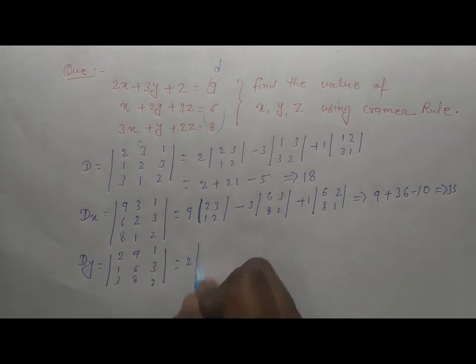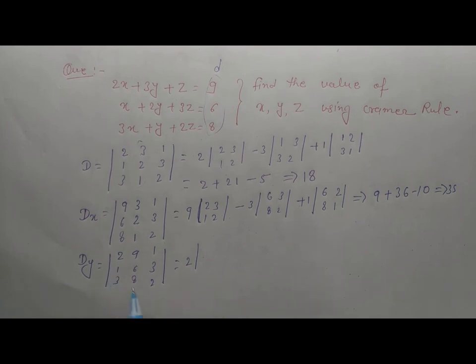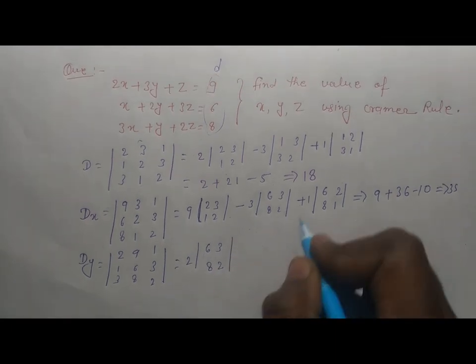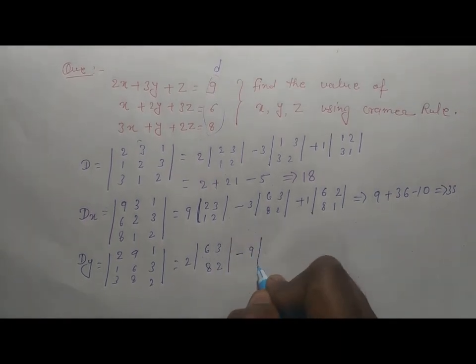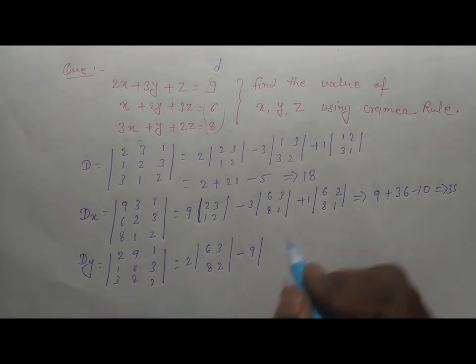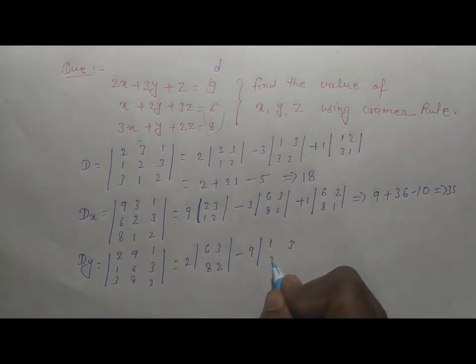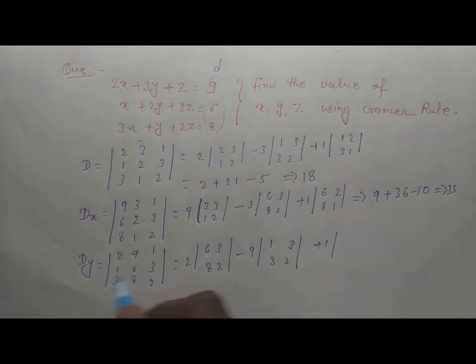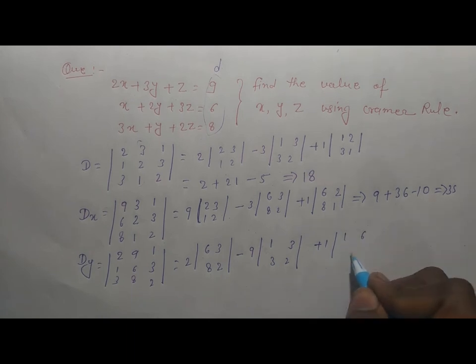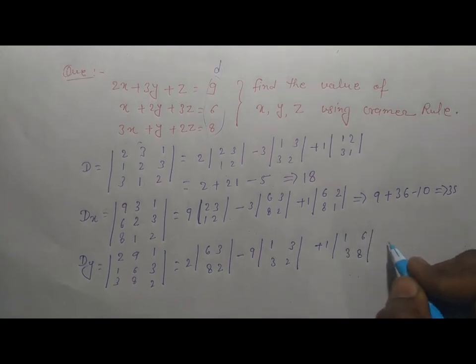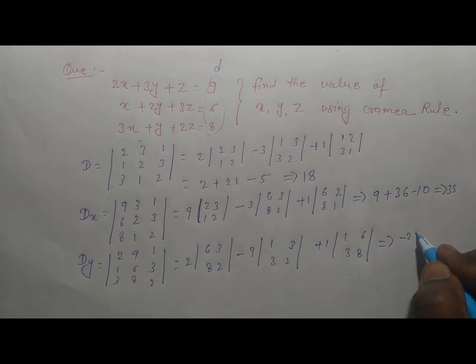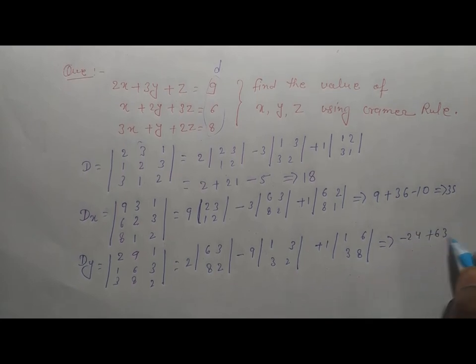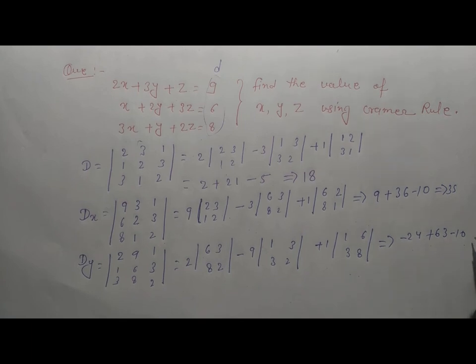Then using the determinant method, take the first element and eliminate the first row and the first column. The remaining elements are 6, 3 and 8, 2. Then take the second element and eliminate the first row and the second column, and take the third element and eliminate the first row and the third column. The remaining elements are 1, 6 and 3, 8. So cross multiply and the value is minus 24 plus 63 minus 10, the value is 29.